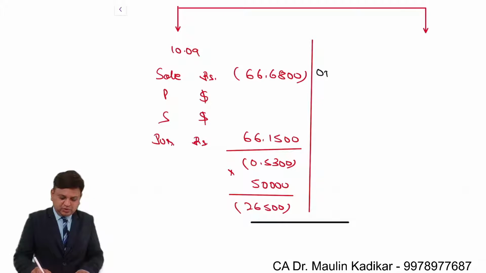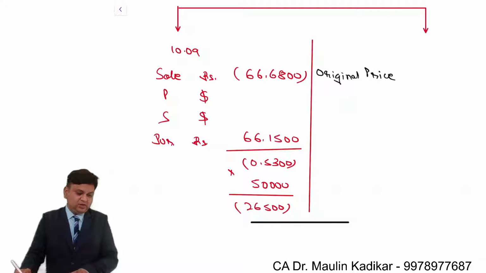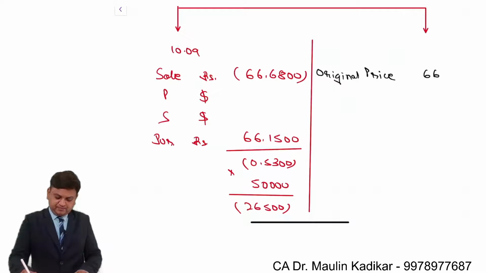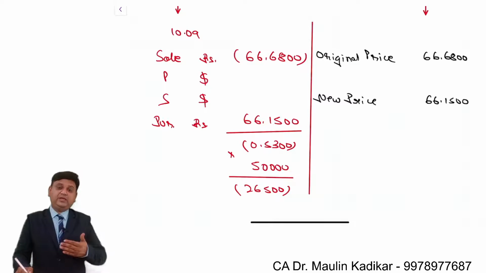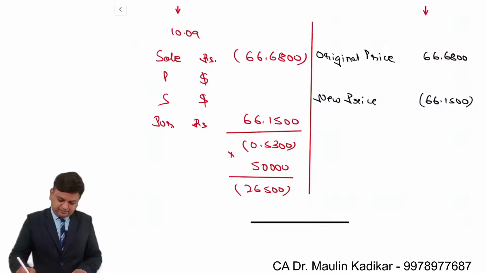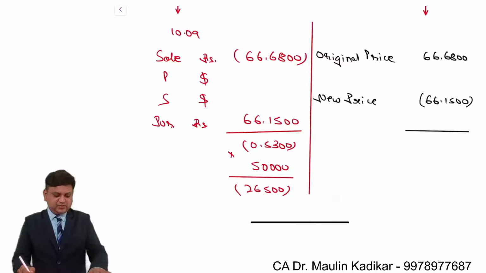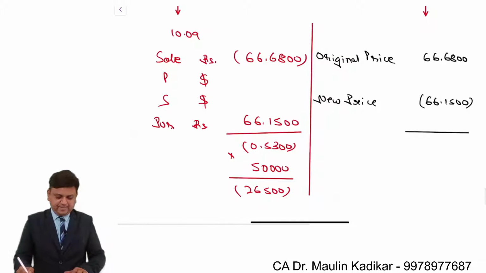we understand that the original price at which you had to buy the dollar was 66.68. The new price at which you have to buy dollar is, I'm sorry, 66.32.